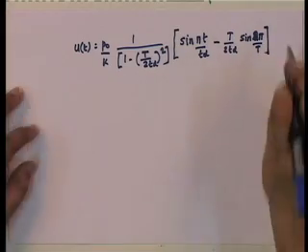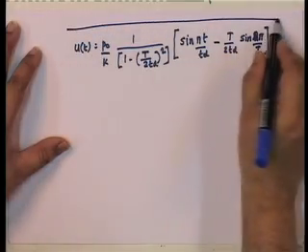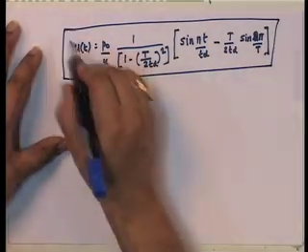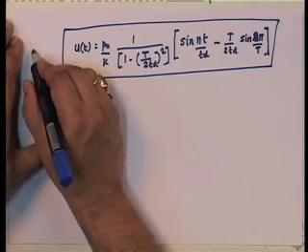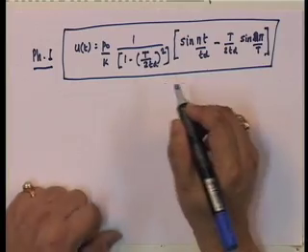This is the solution in phase 1 for a half sine pulse.